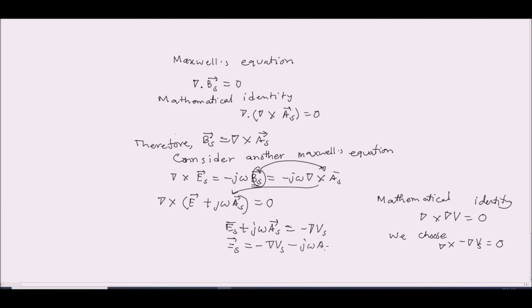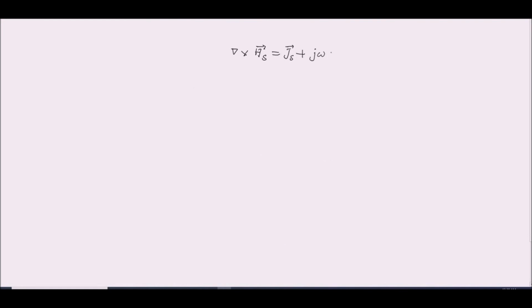Now I take another Maxwell's equation, curl of Hs is equal to Js plus j omega Ds. Then we replace Hs with Bs over mu and Ds with epsilon Es.